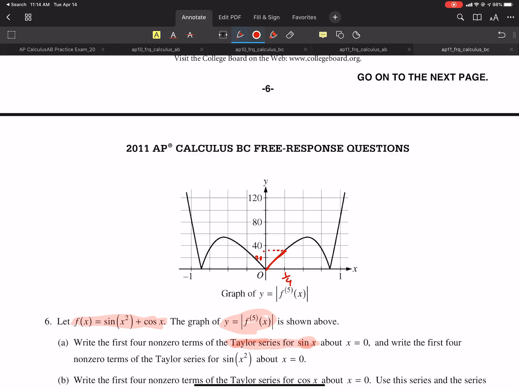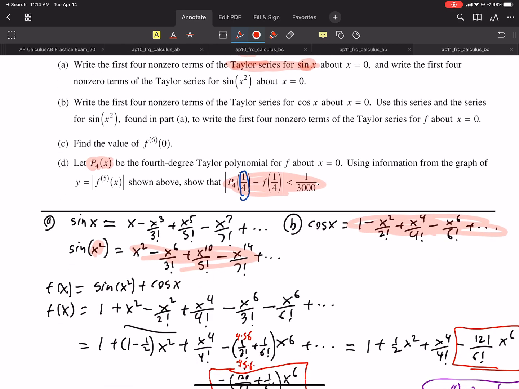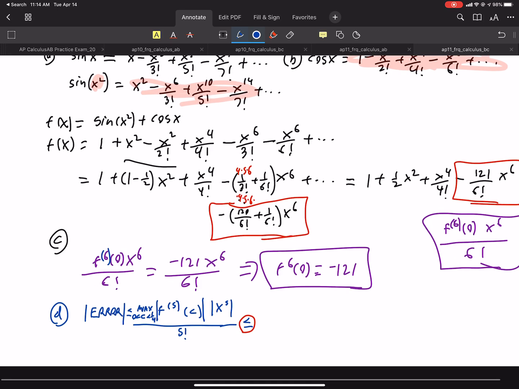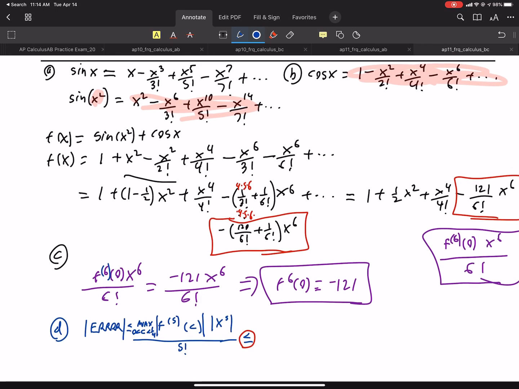A really safe number is 40. Clearly, this point is less than 40. So using less than or equal to, because we picked a number that we knew was bigger than the maximum, we can replace that with 40.